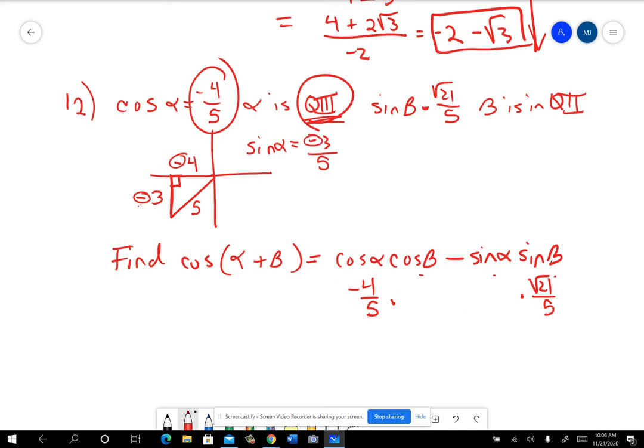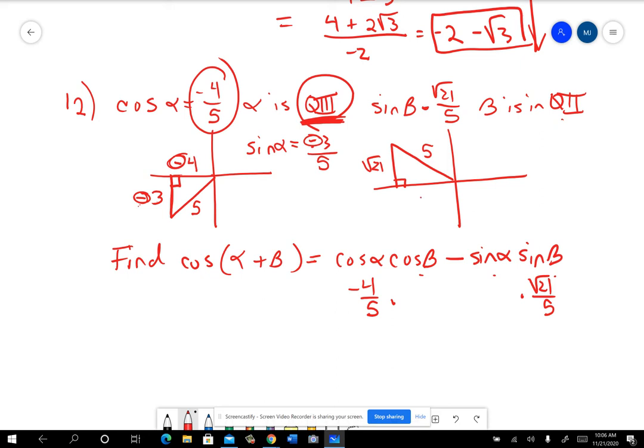So just double check that you have the correct sign, by looking at the quadrant the angle is in, or by making sure you put the positive or negative on it when necessary. Now for beta, it's in quadrant 2, so it's up here. 5 is the hypotenuse and sine is opposite over hypotenuse, so I'm going to do that. It would be a positive on both of those.